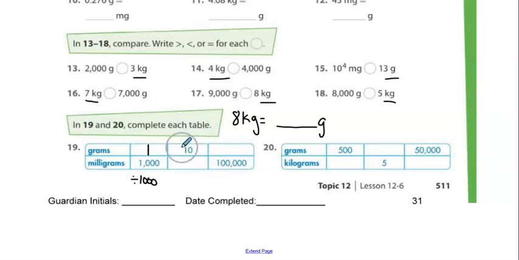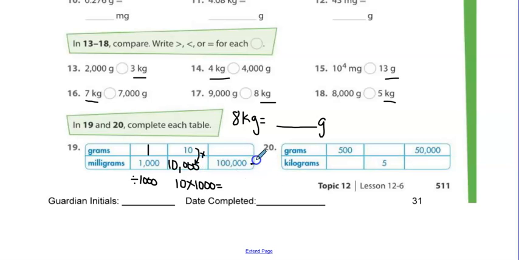And then on this one, because you already know your grams, you're going to be multiplying to get this number. So 10, we multiply by 1,000, is basically just us adding 3 zeros. So we have 10 with 3 zeros.